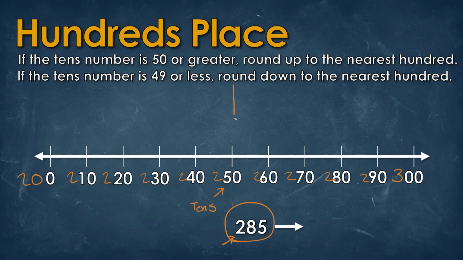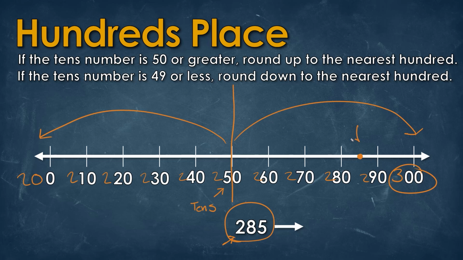We put a line down the middle, and 285 is about right there. So is it closer to 200 or closer to 300? It's closer to 300. Here is our spot. It is pretty close to 300. So we know that the number 285 will round up to 300.